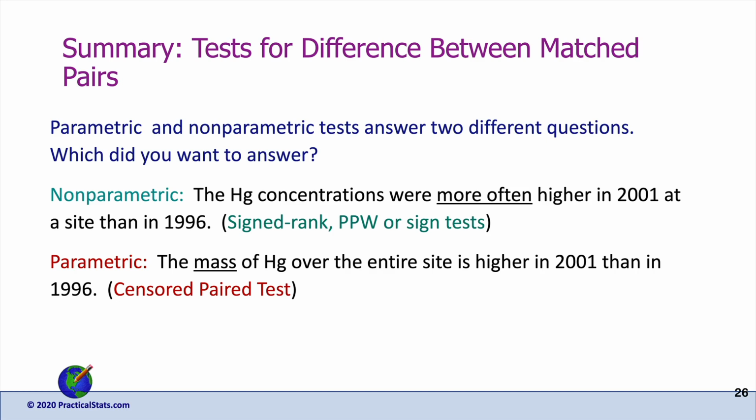The parametric tests are asking whether the totals across the whole site are equal to each other or not, and that's a question of mass. So you have to decide which of those tests is what you're really asking. You would choose the test based on your objectives, not on whether the data have a normal distribution or not.